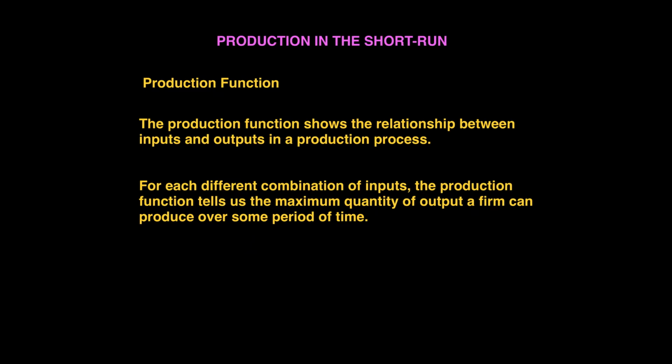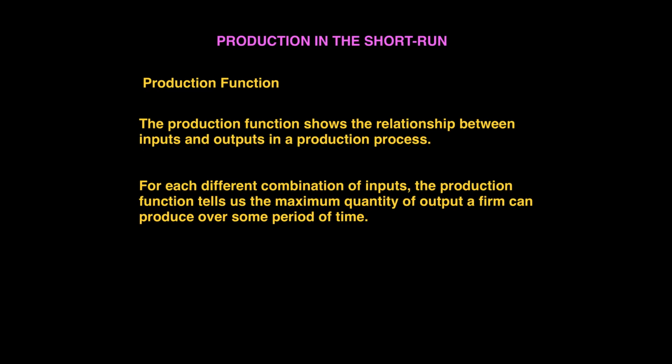So when we change our inputs to become, let's say, more labor intensive or more capital intensive, the production function is telling us basically how much output we will achieve from this substitution of labor and capital or any other factors of production.